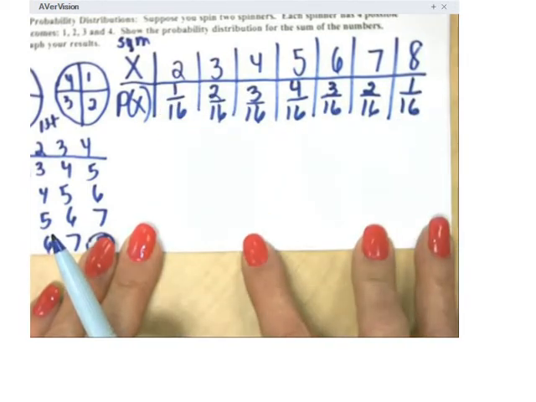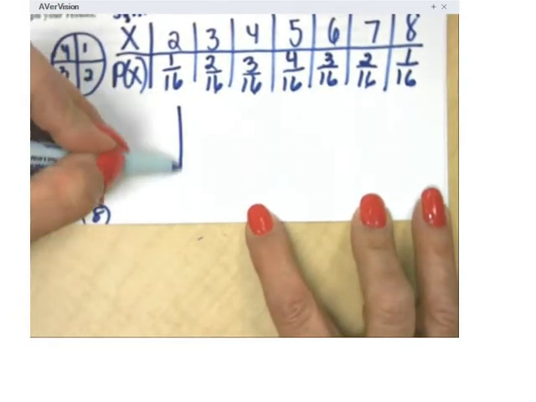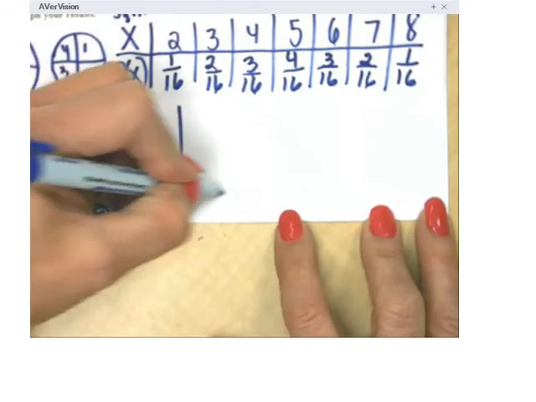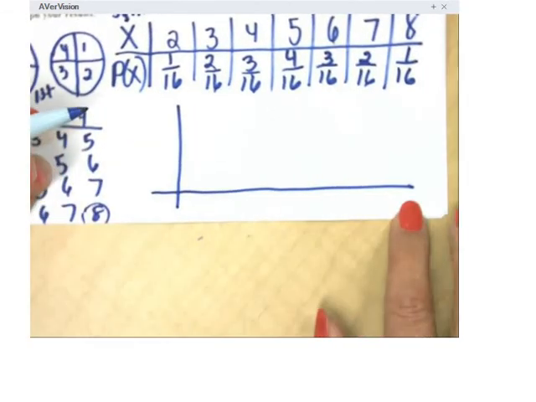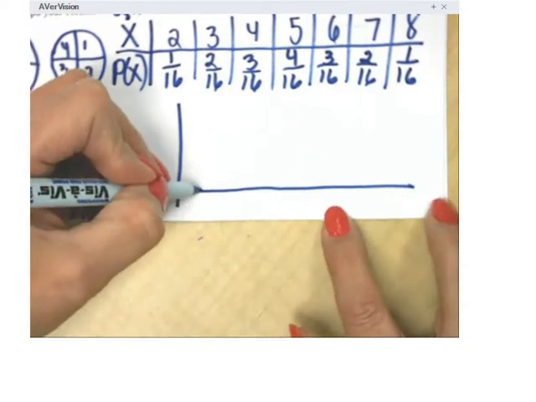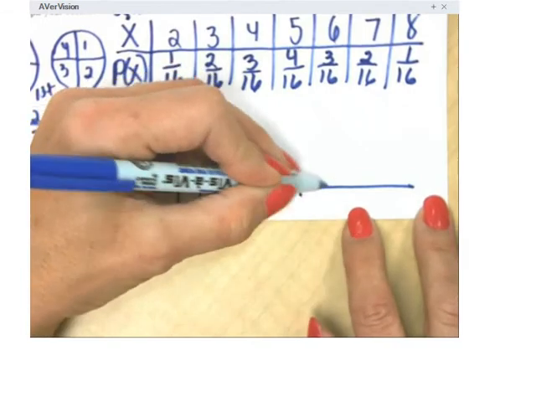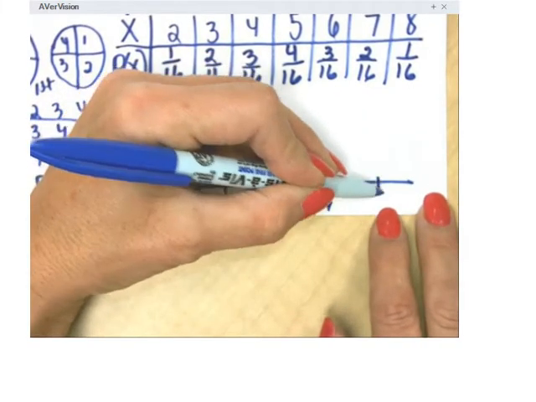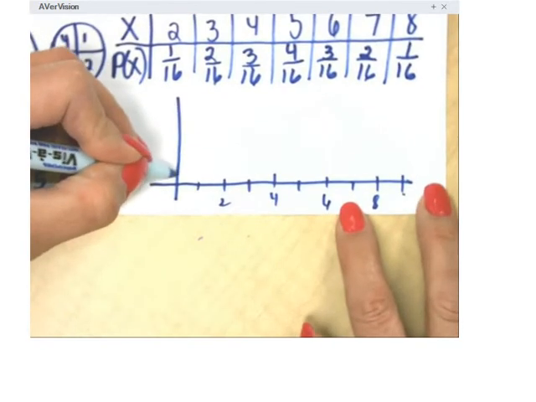Now, I did say something about graphing them, and I'm going to graph a little histogram. A histogram is a bar graph where we have numerical values along this axis. And so I'm going to go along here. There's a sum of 2, there's a 4, there's a 6, there's an 8. Now, this might look a little bit different than the way you typically see it graphed.